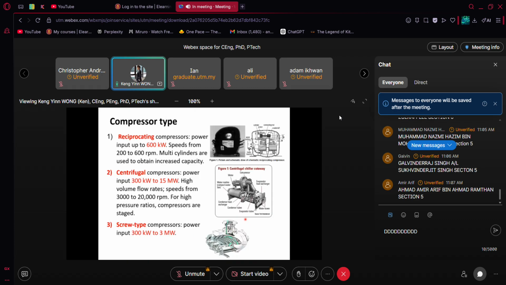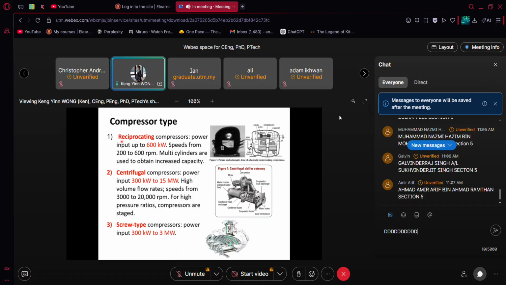Okay, but next, compressor type. For the compressor type, I would say that it's actually more than 3. Later on when you go to the final year elective subject, you can see it's more than 3, but now we introduce you to 3. Later on in the final, they might ask you to list at least 2 types of compressor. Then you can put it down.